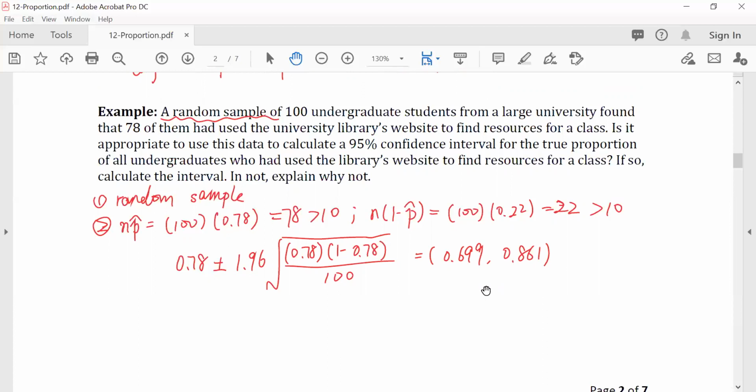And we've also talked about how to interpret the confidence interval many times.